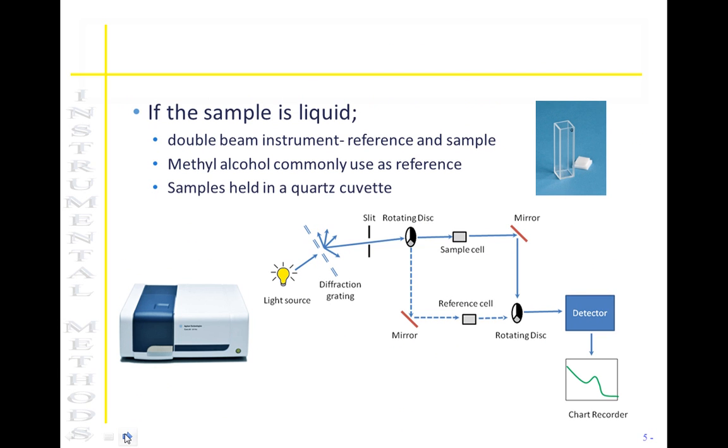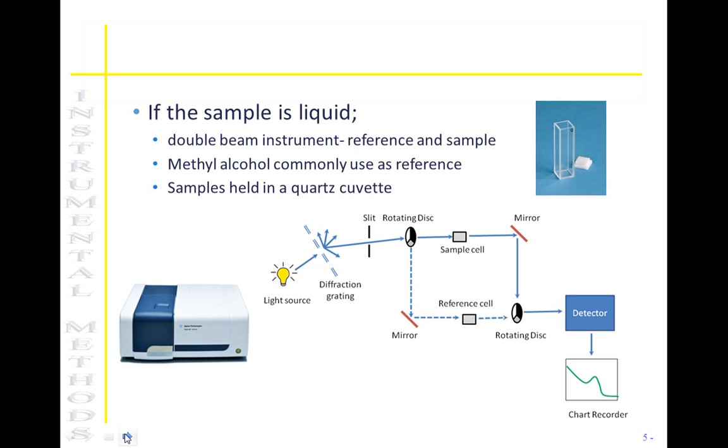In an instrument where liquid samples are analyzed, this is a double beam instrument so that a reference cell and a sample cell are both used. The reference and sample cells look very similar to the quartz cuvette that's shown in the top right-hand corner of this slide.